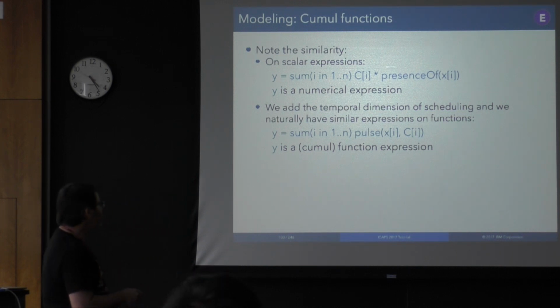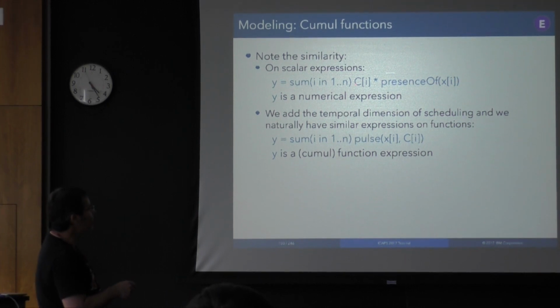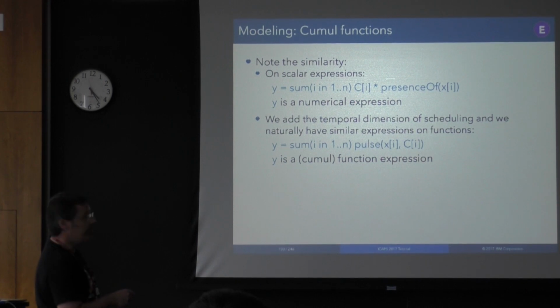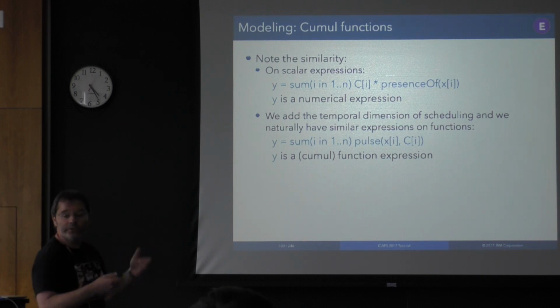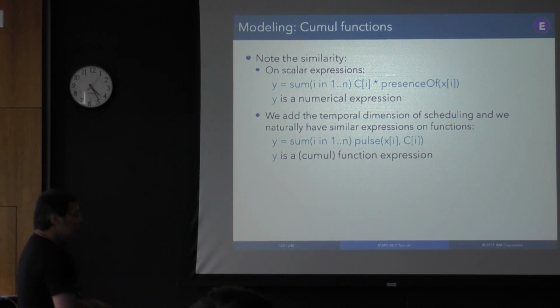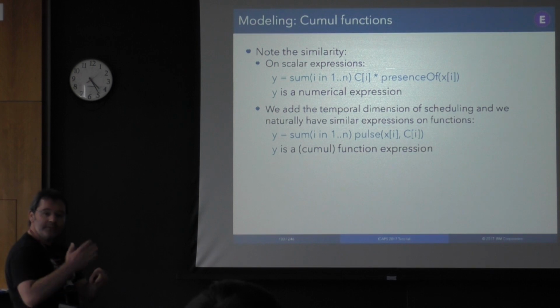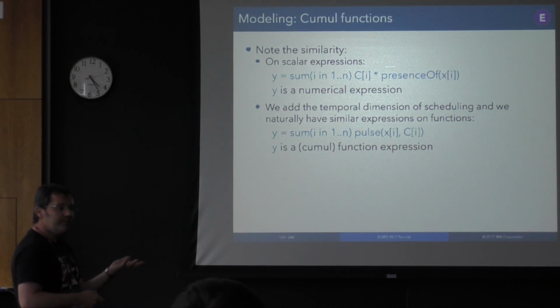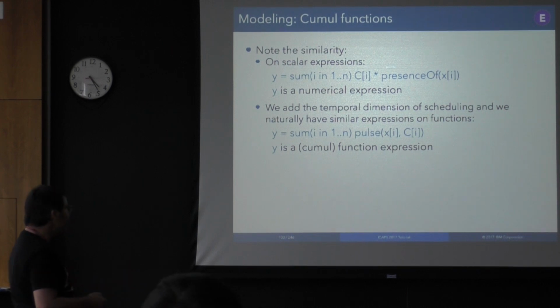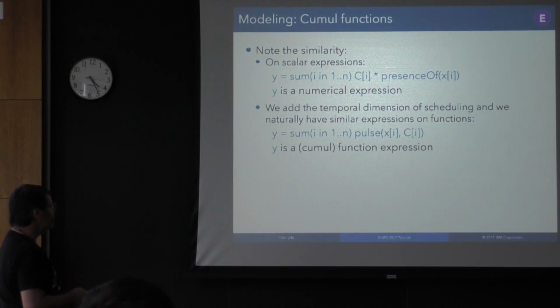If you want to measure how much you use globally in the schedule, you will have something like this. The intervals are optional, but if they are present, you will have a price to pay that is Ci. This is a scalar: the value of this expression is an integer or a floating point value. Now, when in scheduling you want to do this for every time point, to measure the cumulative resource usage of something, this is why you will use the cumul function expression.